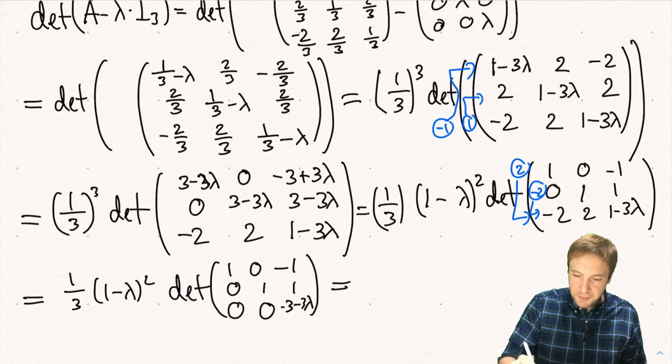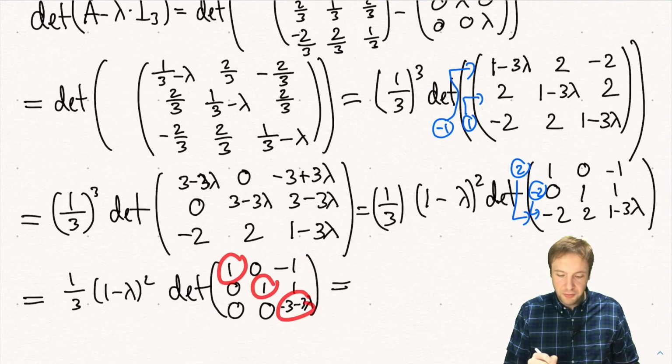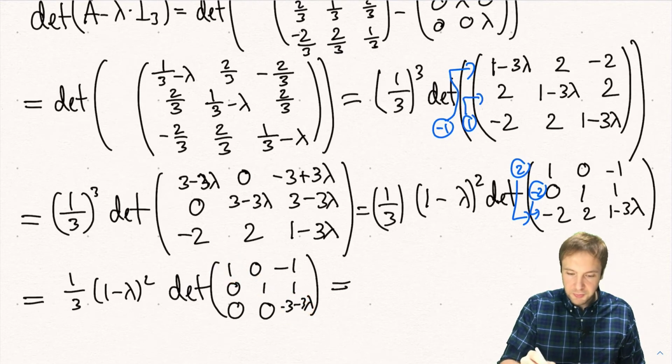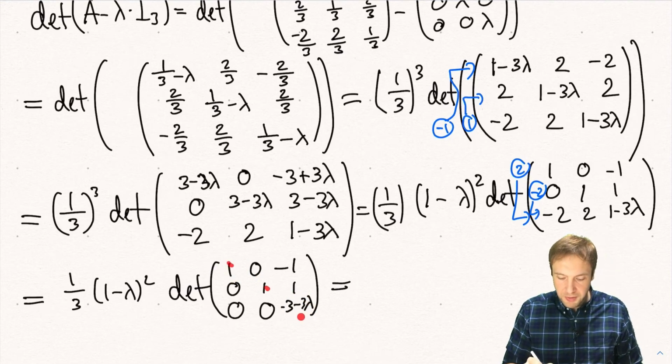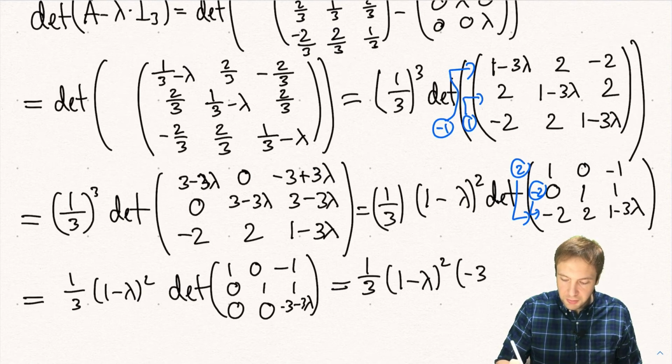And therefore the determinant of this matrix here now is just the product on the diagonal. So this is just 1 times minus 3 lambda. So this is 1/3 times 1 minus lambda squared times minus 3 lambda.